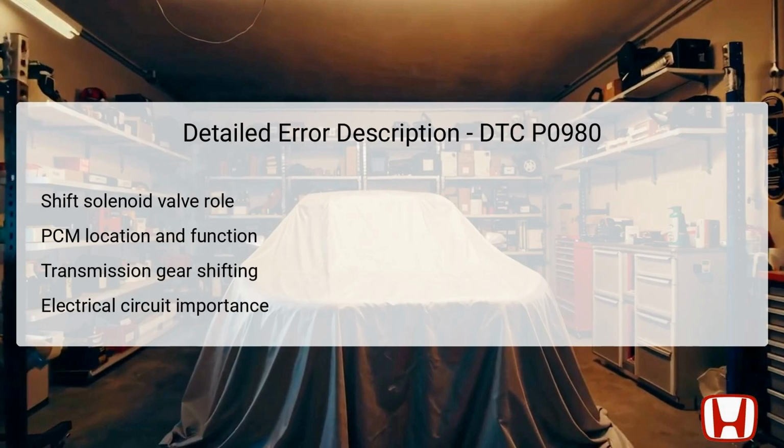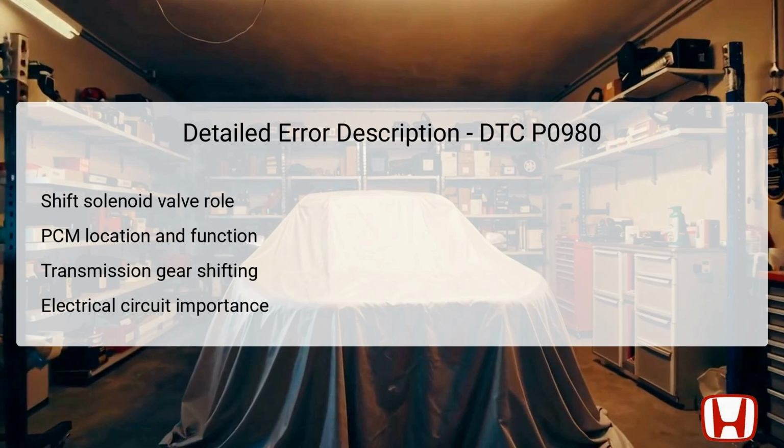The Shift Solenoid Valve C is a critical component in the transmission system, responsible for controlling fluid flow needed for gear shifts. The PCM, located typically near the engine or in the underdash area, processes data from various sensors and controls components like the shift solenoid to ensure optimal performance.